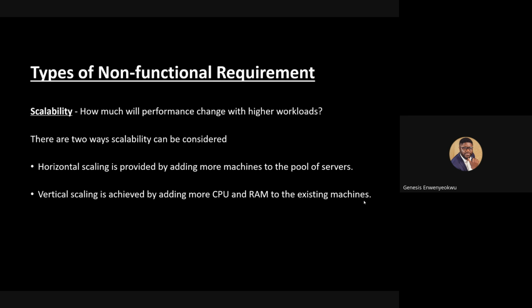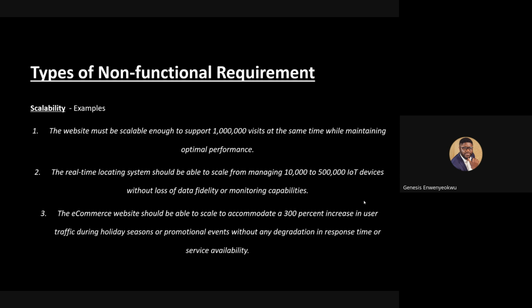The ability for your servers and database to scale and accommodate higher traffic or workload without breaking. That is what scalability is all about. An example is that the website must be scalable enough to support 1 million visits at the same time while maintaining optimal performance.